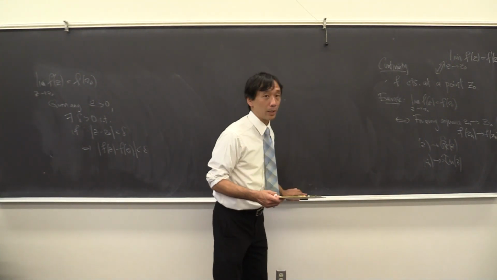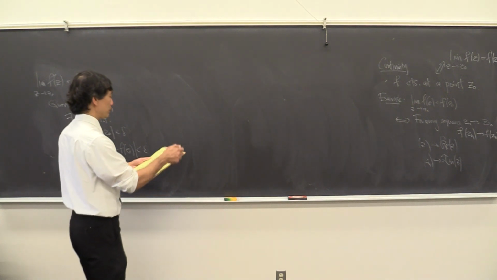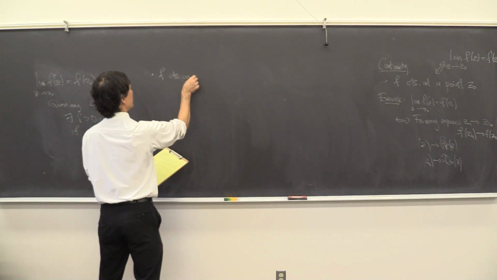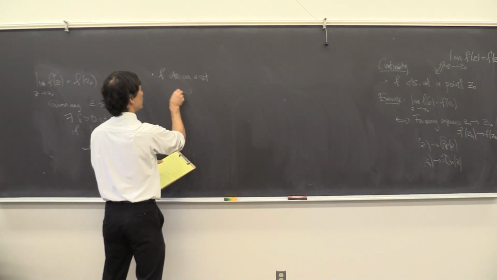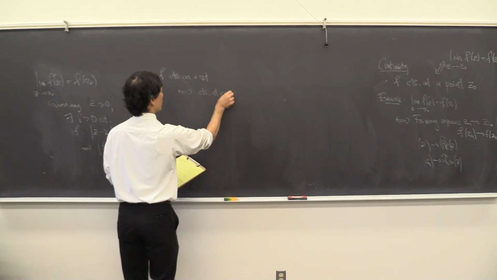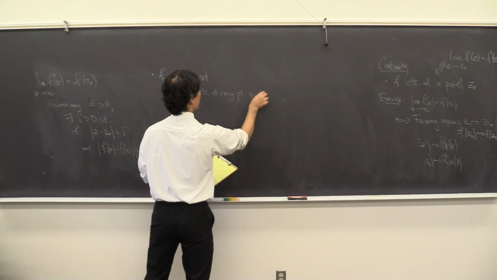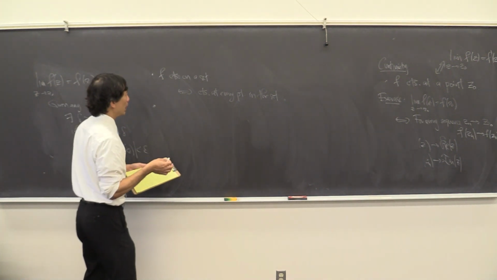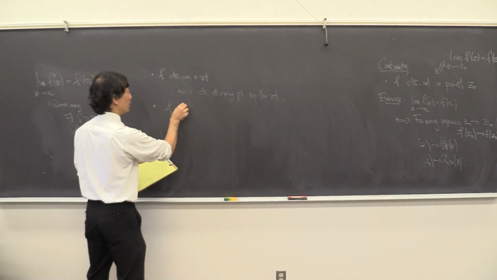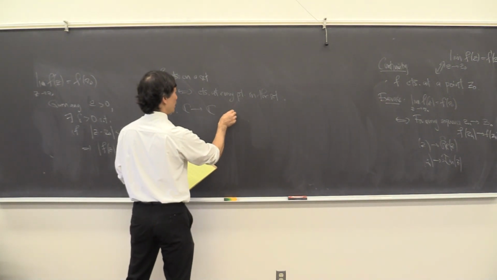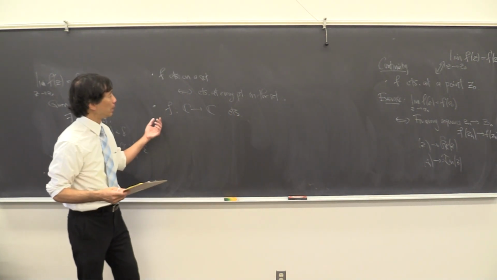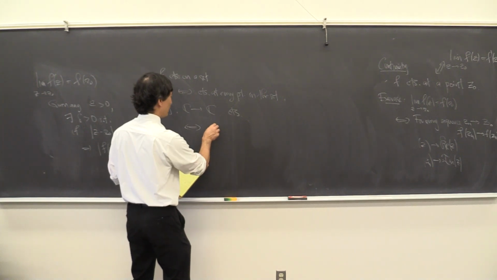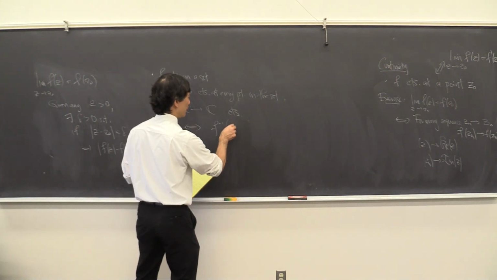Right. So that's continuity at a point. F continuous on a set, of course, means continuous at every point in the set. And one thing that I hope you recall is that a function on a metric space is continuous if and only if the pre-image of every open set is open.